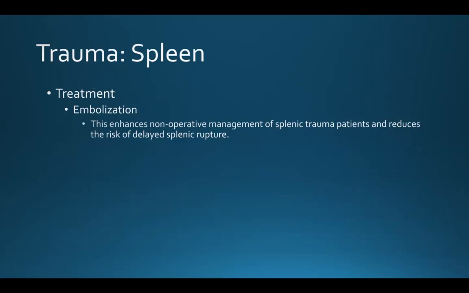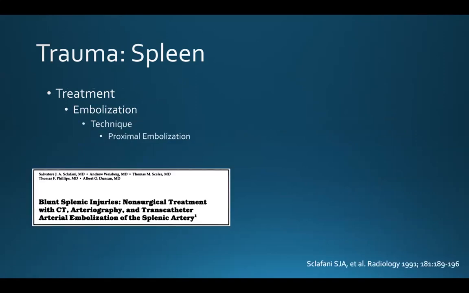So remember, embolization enhances non-operative management of splenic trauma and reduces the risk of delayed splenic rupture. From a technical perspective, we always ask where exactly within the splenic arterial vasculature should embolization be performed. The first clue to this is really one of the first papers that was published on splenic trauma and the role of embolization, and this was by Sal Sclafani in the early 1990s.